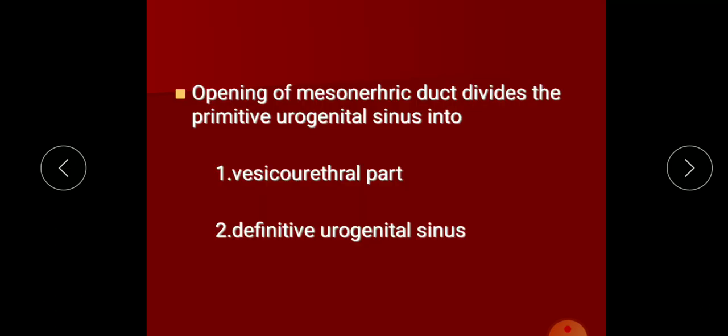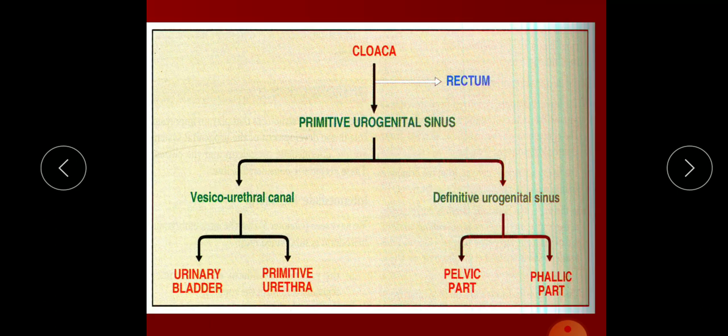The opening of the mesonephric duct divides the primitive urogenital sinus into two parts, termed the vesico-urethral part and a definitive urogenital sinus. Now look at that figure. You find the cloaca divided by a urorectal septum into a urogenital sinus and a primitive rectum.